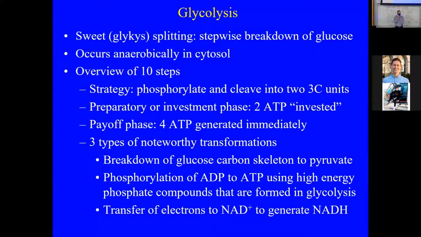And the amount released has to exceed or be equal to the amount that you will need for synthetic anabolic processes. We talked about this relationship.